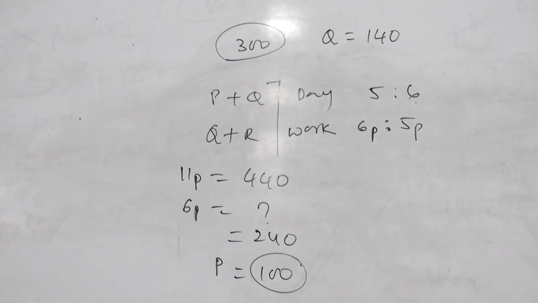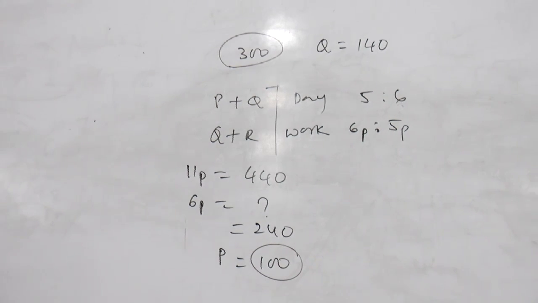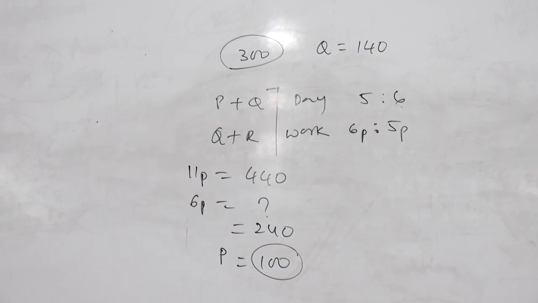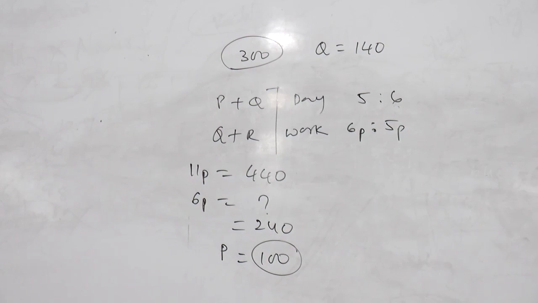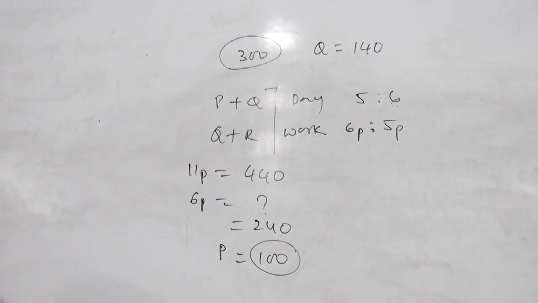Done? Next. Question 73. A truck traveling at the rate of 70 km per hour uses 30% more diesel to travel a certain distance than it does when it travels at a speed of 50 km per hour. If the truck can travel 19.5 km per liter of diesel at 50 km per hour, how far can the truck travel on 10 liters of diesel at a speed of 70 km per hour?